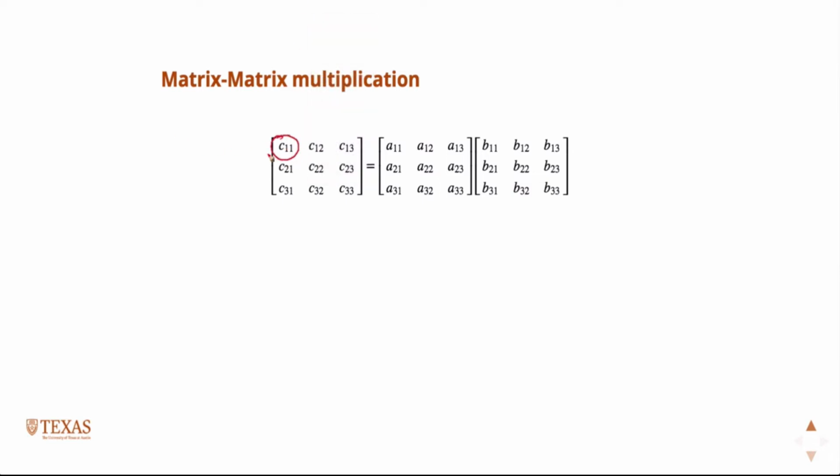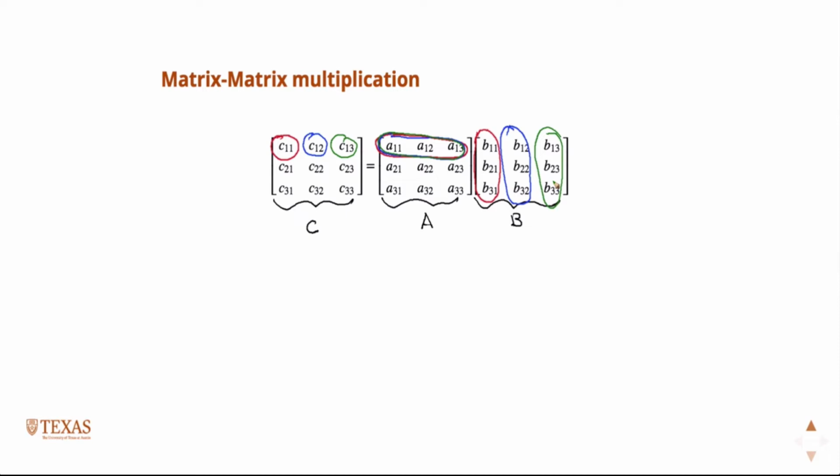Now we have three matrices: a matrix C, a matrix A, and a matrix B. The C11 component is the first row of A dot product first column of B. The C12 is the first row of A, second column of B. C13 is the first row of A, third column of B. And these go on like that.